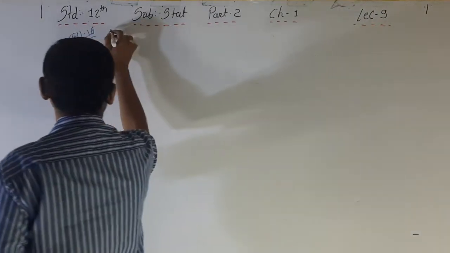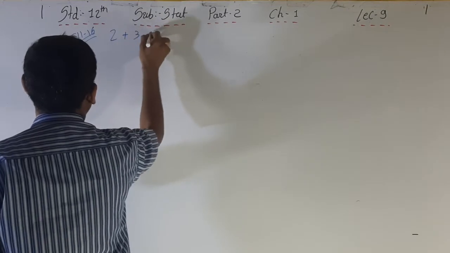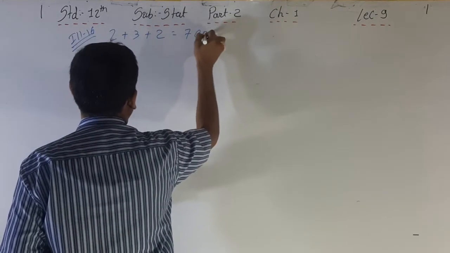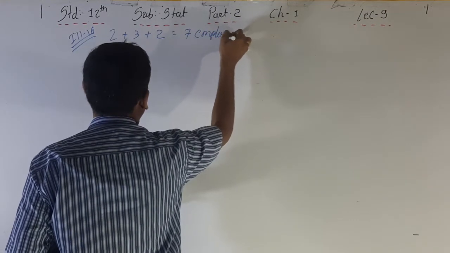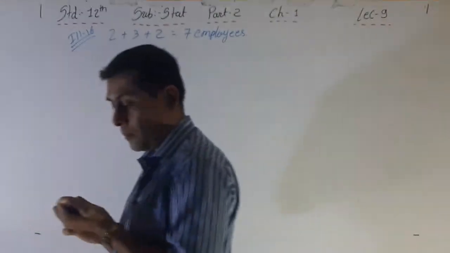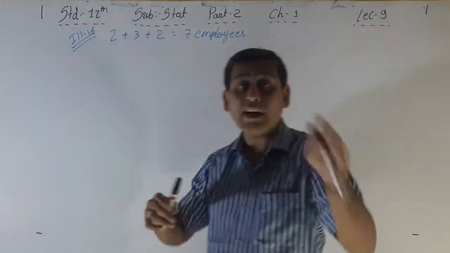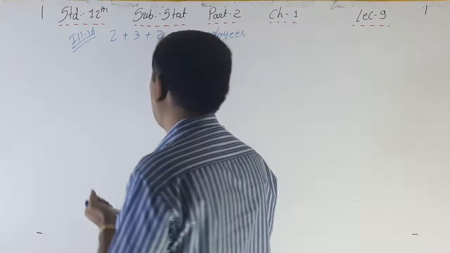Total 2 officers plus 3 clerks plus 2 peons, total 7 employees, right? From that we have to select 2 employees randomly.